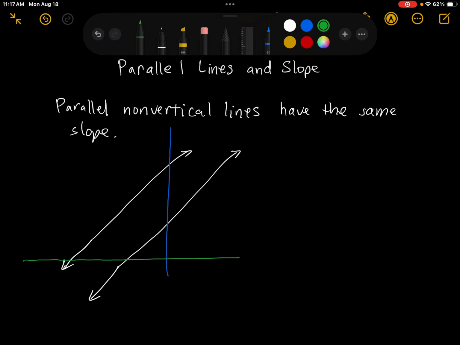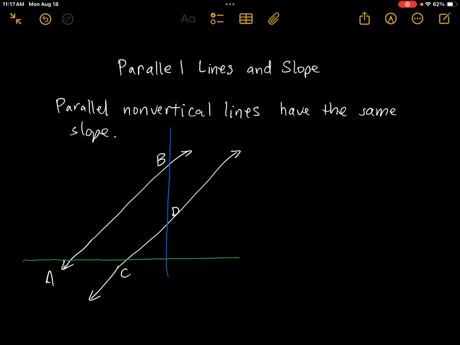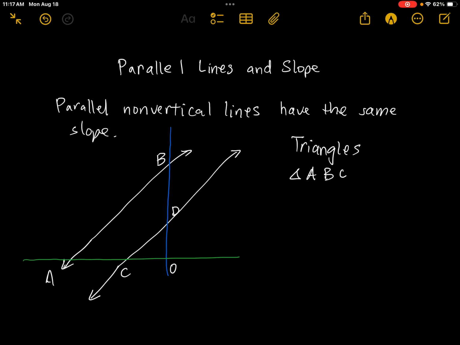Now you have these two triangles, say A, B, let's say C, D, and let's call this the origin O. So you have these two triangles ABO and CDO.